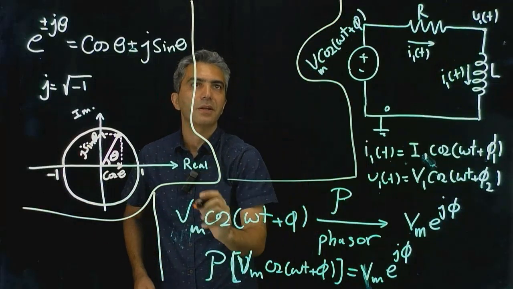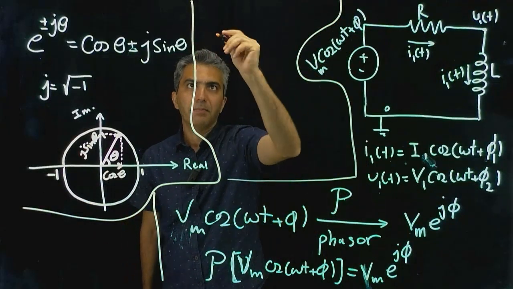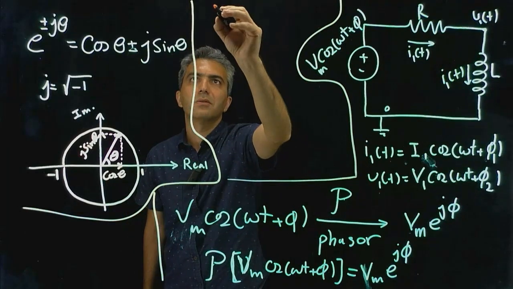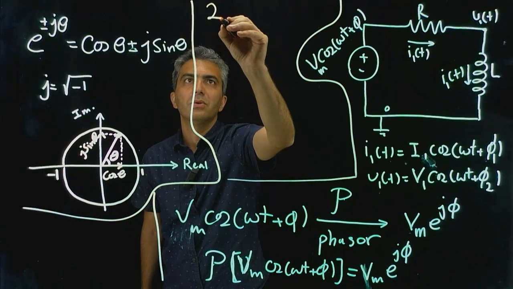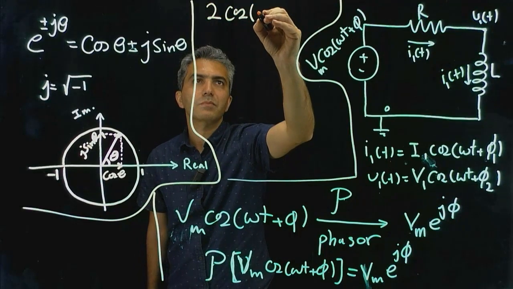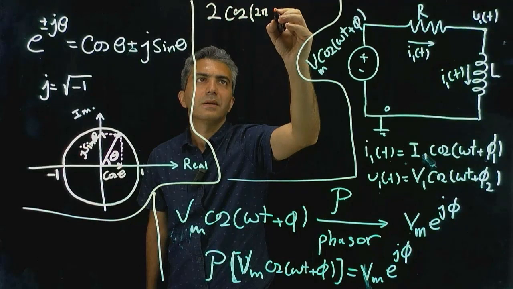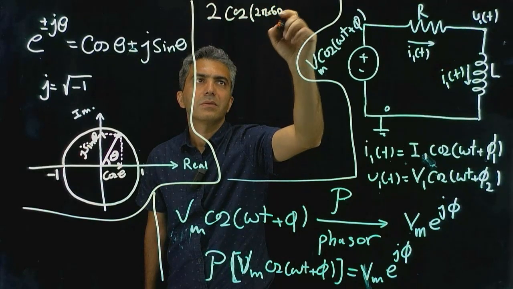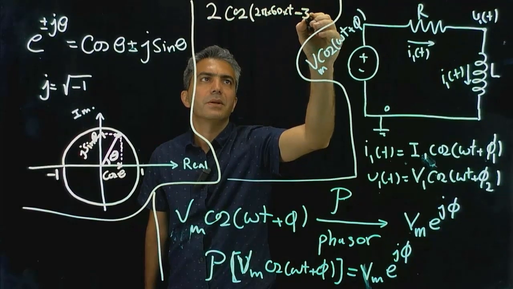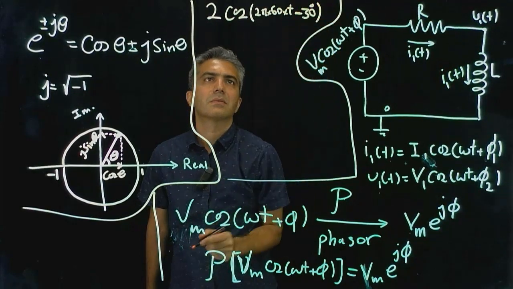Let's say I'm looking at a voltage signal that is 2 cosine of 2 pi times 60 times t minus 30 degrees.